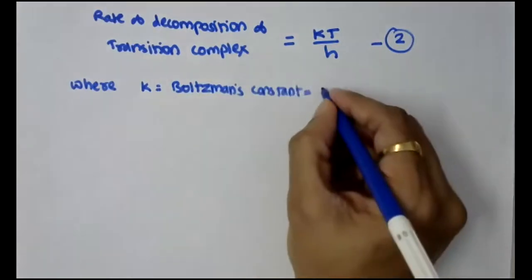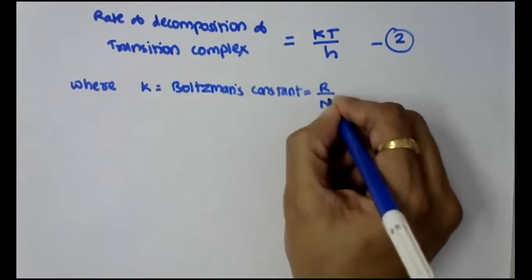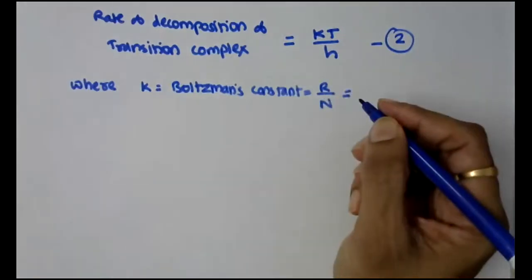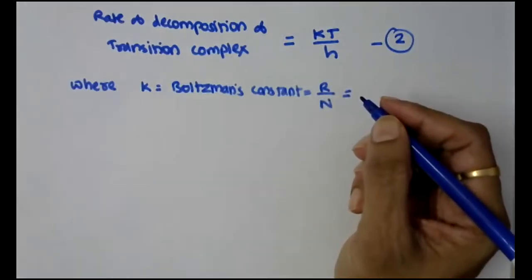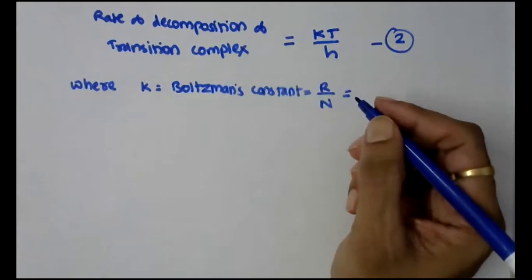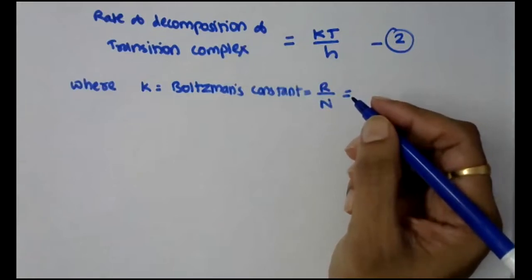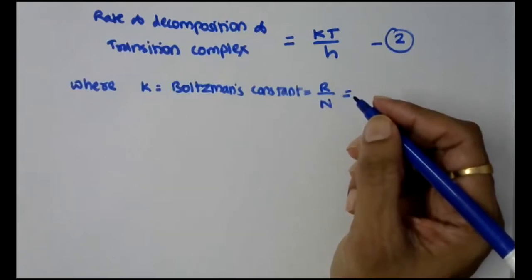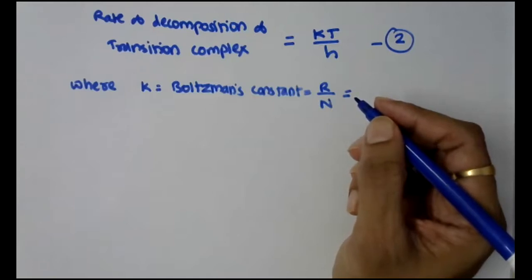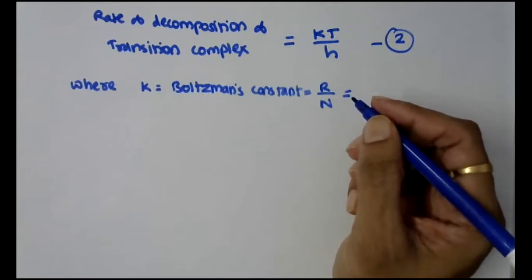If you remember, it can be obtained by the formula R by N. R is 8.314 joule per mole per Kelvin. Now, if you want it in erg, one joule is equal to 10 raised to 7 erg, divided by N, 6.023 into 10 raised to 23 molecules per mole.